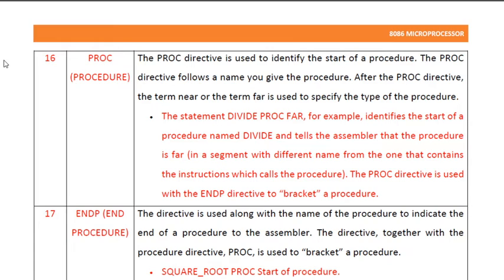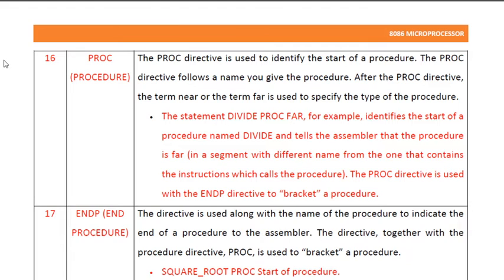Now, the next assembly directive that you have is called PROC, for procedure. The PROC directive is used to mark the beginning of a procedure. A procedure is a sequence of statements that is capable of performing a specified task. The PROC directive follows the name given to a particular procedure.